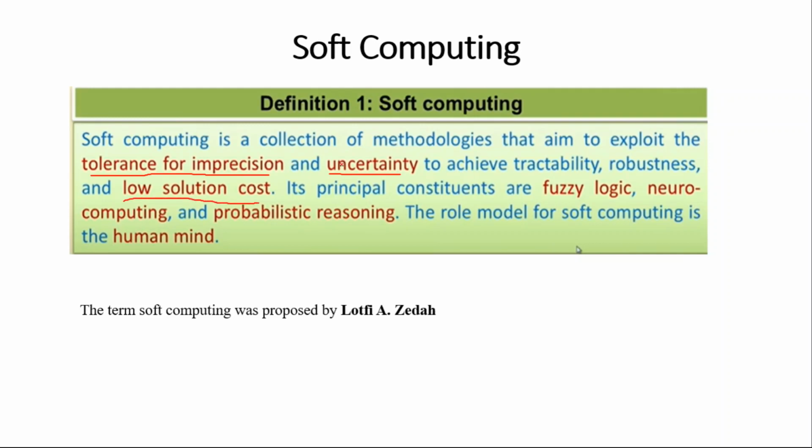That means what? See, in hard computing, the result should be accurate, whereas in soft computing, the result may not be accurate. That is, the result may not be precise. It can be imprecise also. So soft computing tolerates imprecision to a certain degree, and also it allows uncertainty to a certain degree.